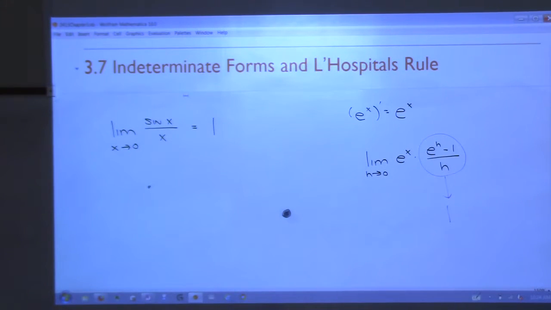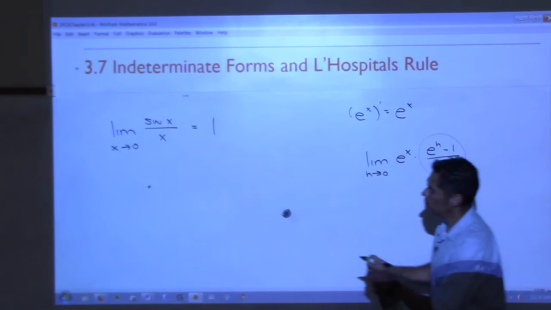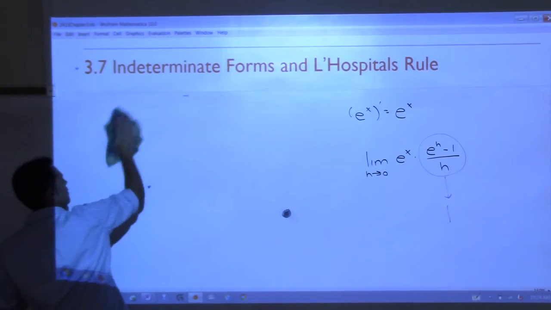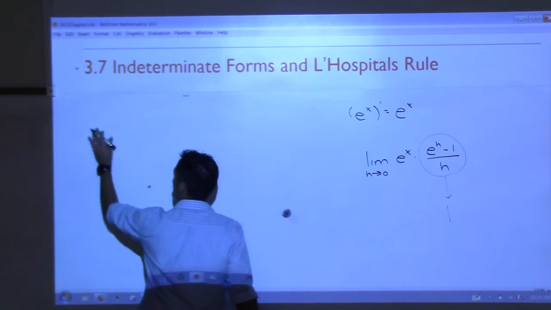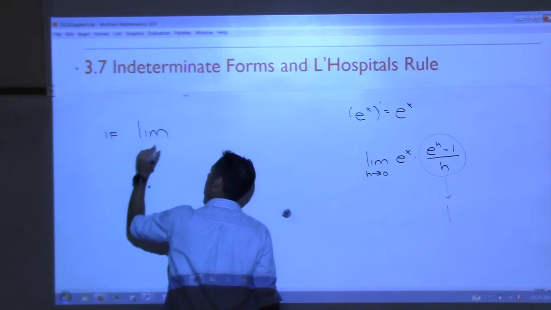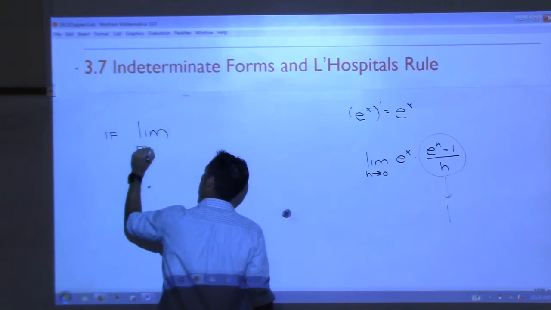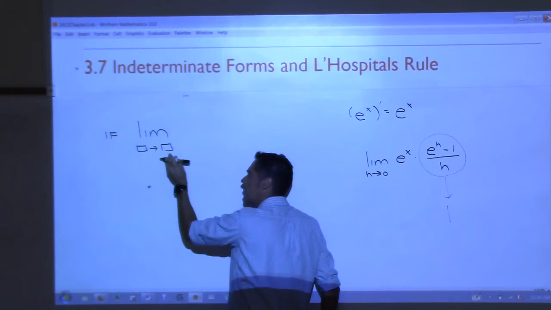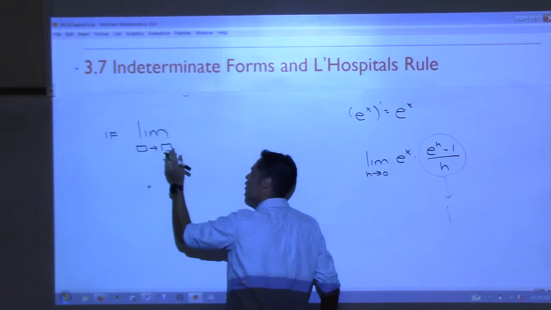So what is L'Hopital's rule? It's in the notes, but I like to write it down, just out of appreciation. L'Hopital's rule says this. If you have a limit, and it does not matter what the limit is, okay? It can be x going to 0, it can be x going to infinity, it can be h going to 0. It does not matter.